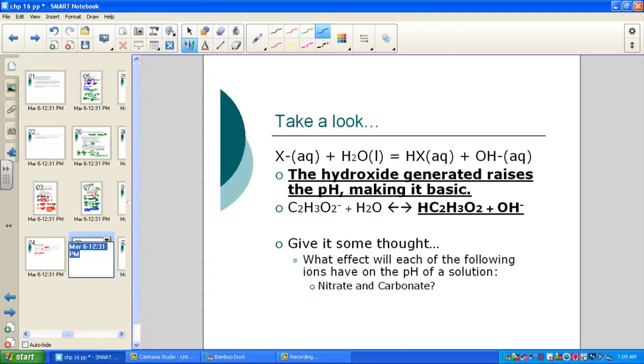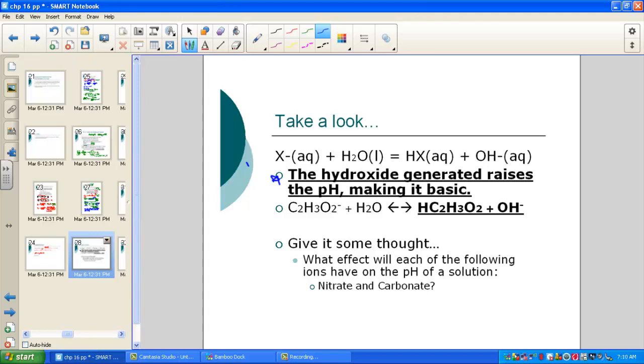Here's a conjugate base, just a generic letter for whatever that last name of an acid is. If it reacts with water, producing its conjugate, the HX, we are going to show hydroxide form. The solution will generate a base ion. So it's asking us to write this out. We might have already. The hydroxide generated, of course, raises the pH to a number that is less acidic, therefore more basic.